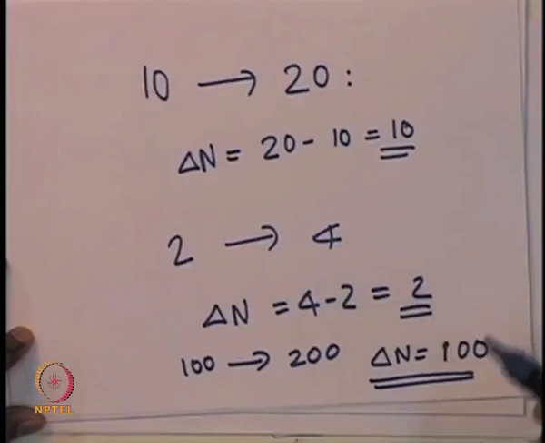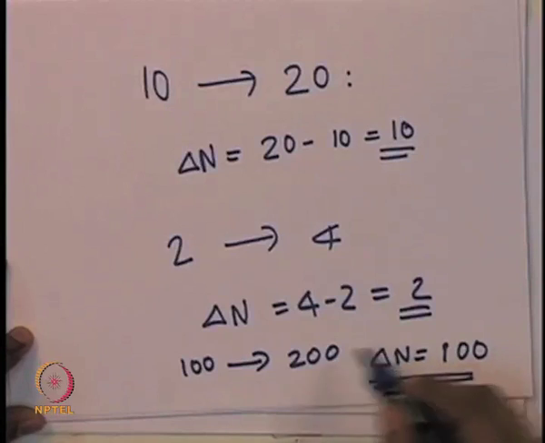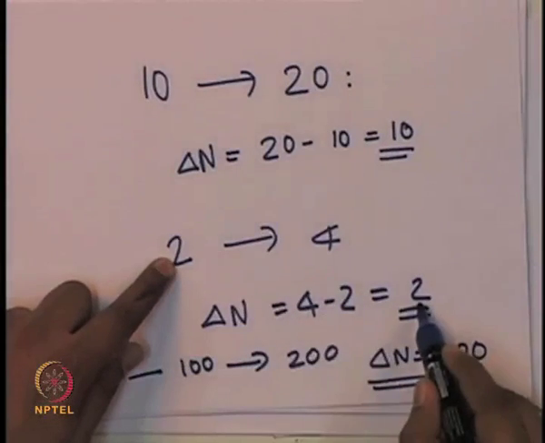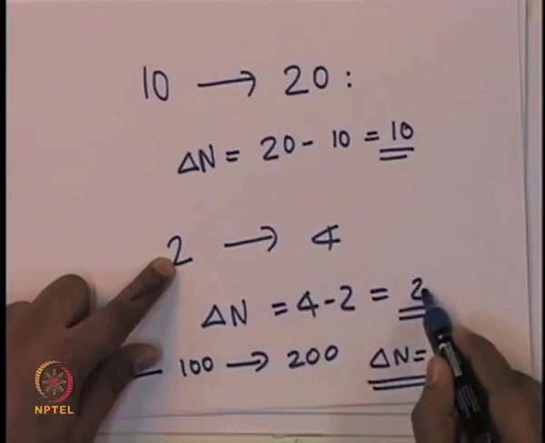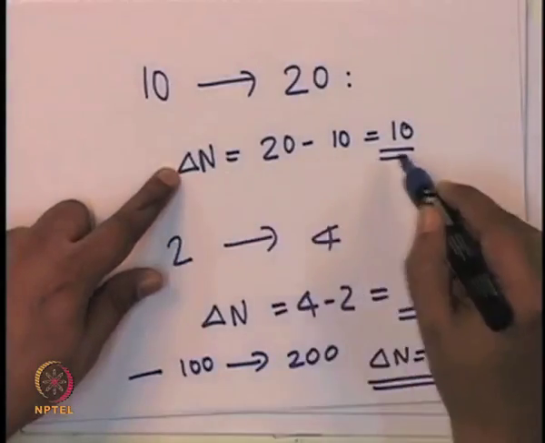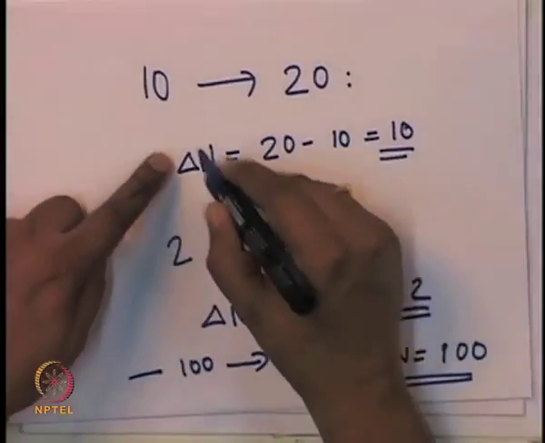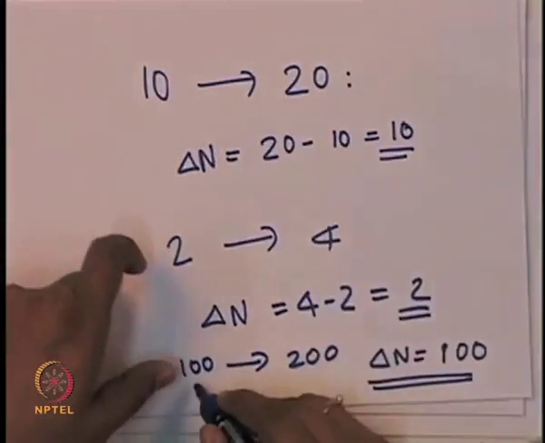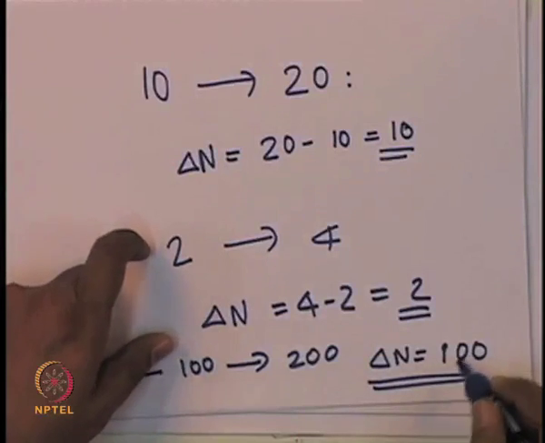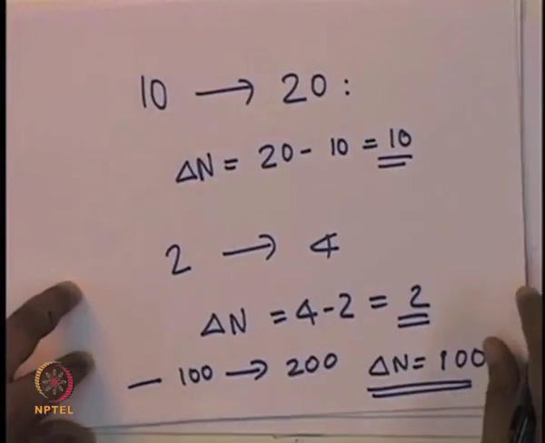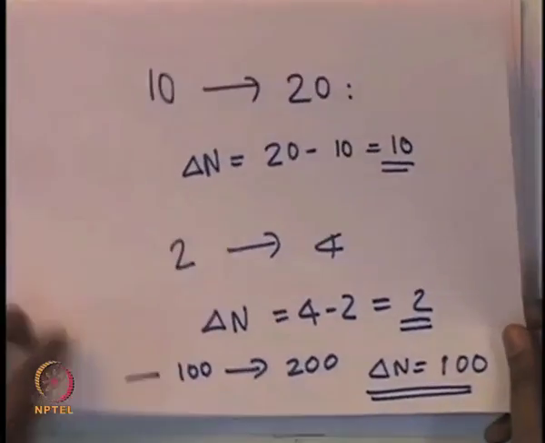How do we say this mathematically? Here we had 100, the delta n was 100; here we had 2, the delta n was 2; here we had 10 and the delta n was 10. So, 2 has delta n 2, 10 has delta n 10, 100 has delta n 100. So, the delta n here is proportional to the n.